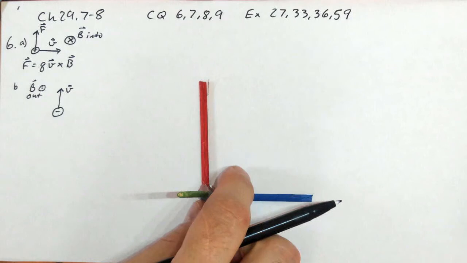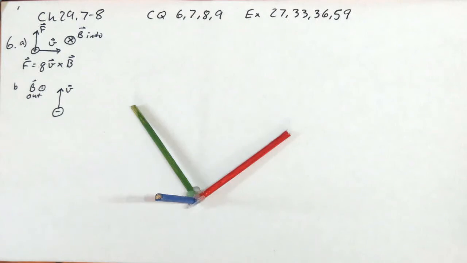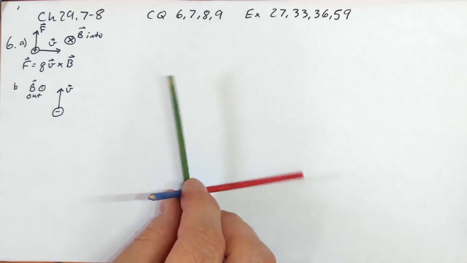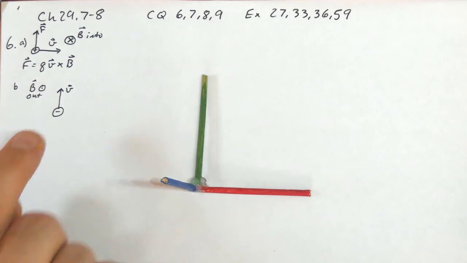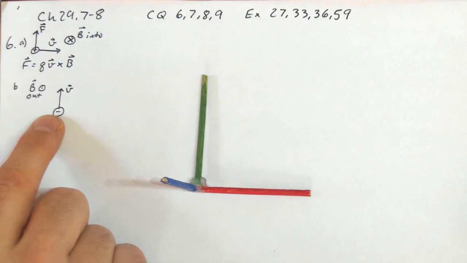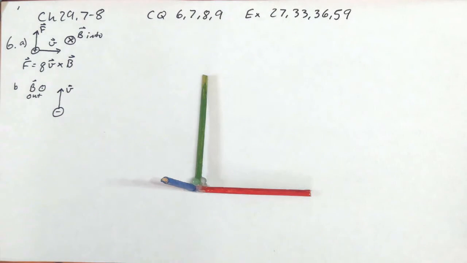To see that, I'm going to go to my green velocity vector. My blue magnetic field is pointing out at you, which means the force would be to the right if this was a positive charge. But since it's a negative charge, I just reverse that result.